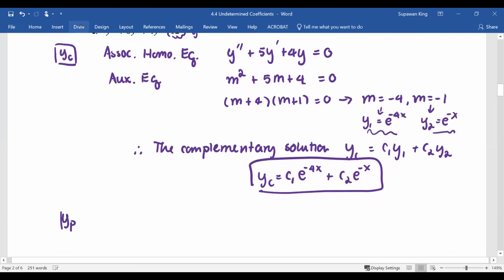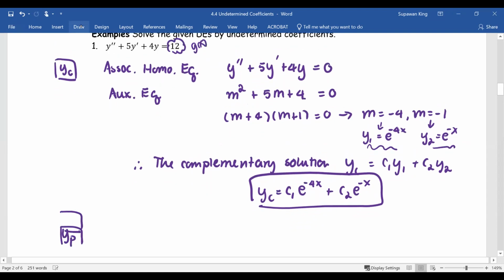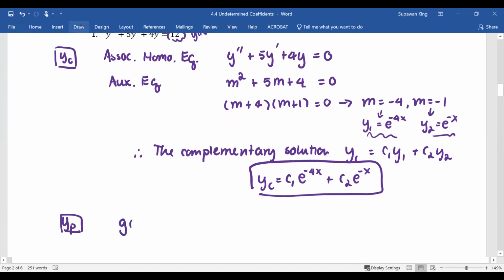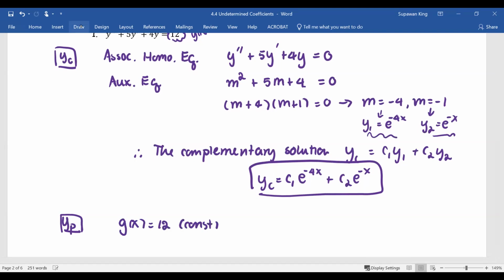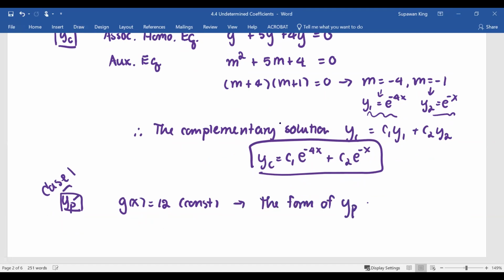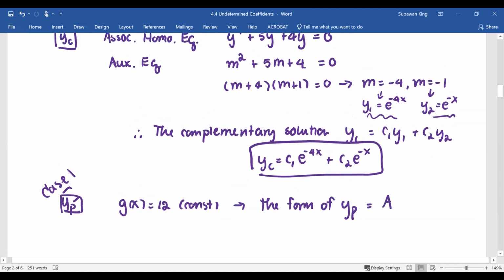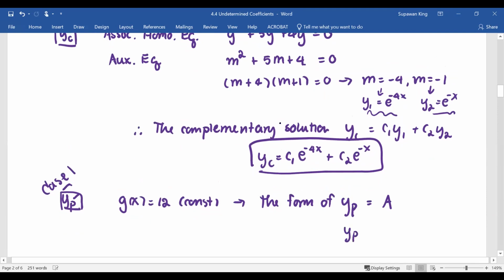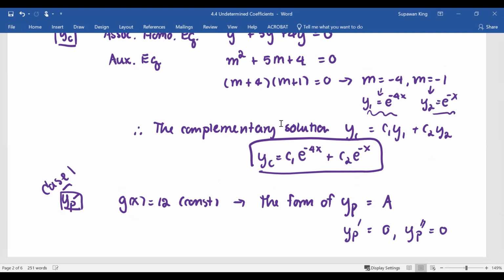Next, we find yp, the particular solution, by using the g(x) form. Since g(x) is 12, which is a constant term, and again this is case number 1, the form of yp will be yp equals the constant A. Then yp prime is 0, and yp double prime is 0 as well.